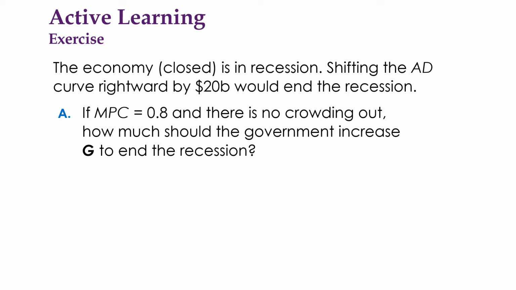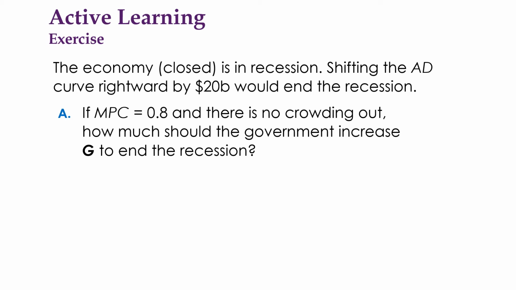So if our marginal propensity to consume is 0.8, therefore in a closed economy, the marginal propensity to save must be 0.2. So people are going to be using 80% of this extra income that they get from government expenditures, spending that in consumption.